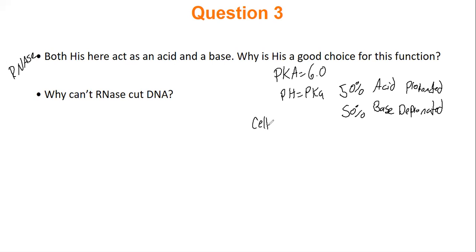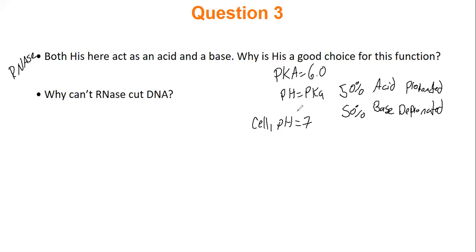Well, in the cell, the pH is 7. And I should say, the pKa's I had you learn, those are kind of like baselines. You can change the pKa of an amino acid based on what you put around it. So pKa is not like a set number set in stone forever. pKa can be changed if you put different chemical groups around what you're looking at.